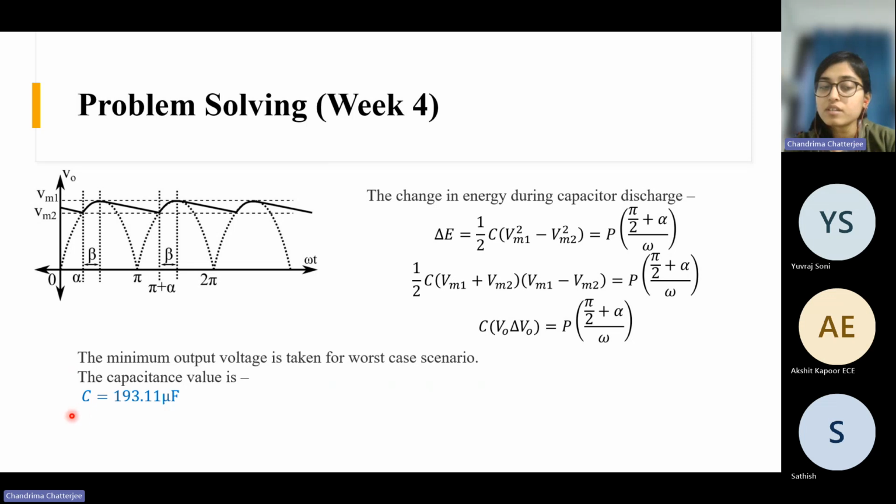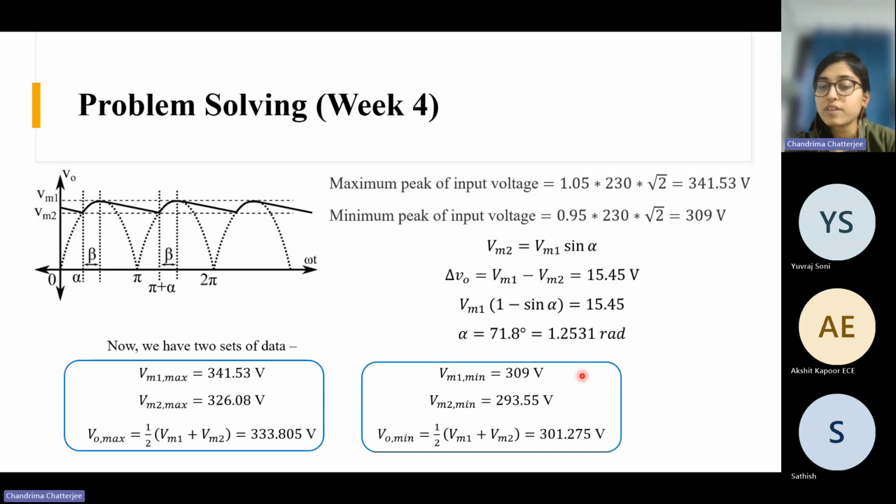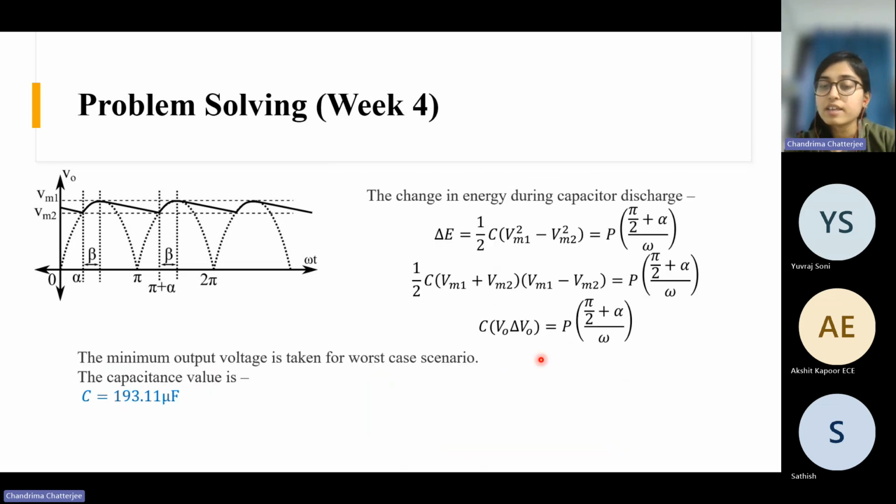So whichever set of values gives us the higher value of capacitance, that value we shall take. That's why I have taken this set of values, this Vm1, this Vm2, and this V0. And I have replaced the values here. And if you calculate this, you will get C equal to 193 microfarad.